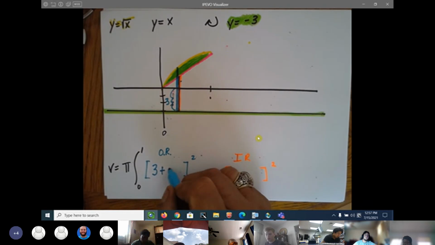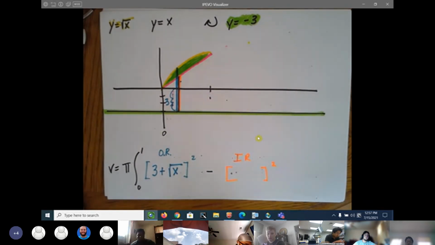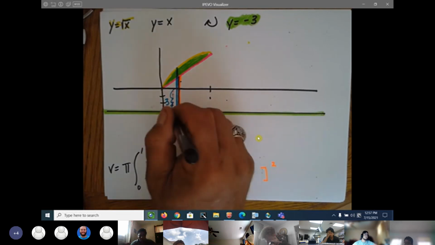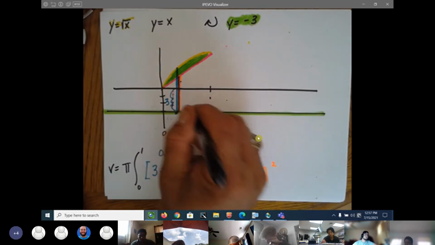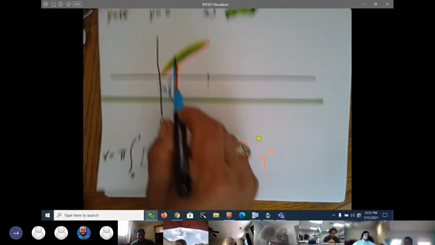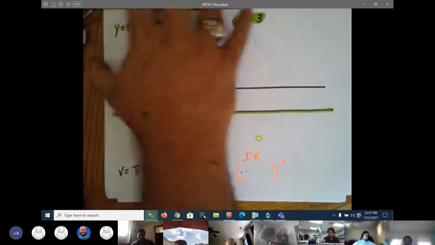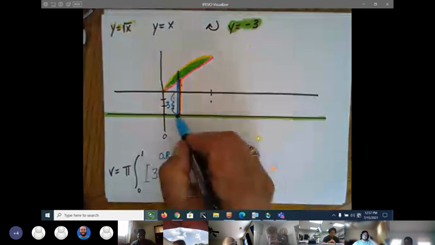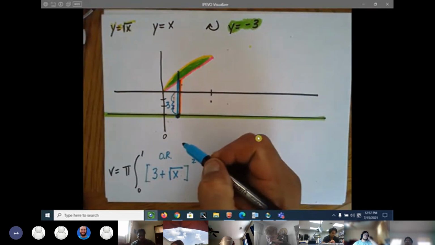Now, even though addition is commutative, why am I making an emphasis on the 3 plus the square root of x? Because where am I? I'm right here, right? That's my axis, right? How do you get to the yellow line from this blue dot?